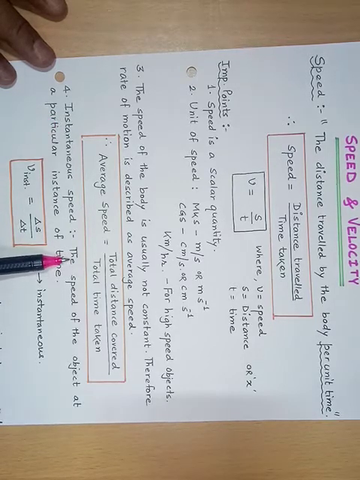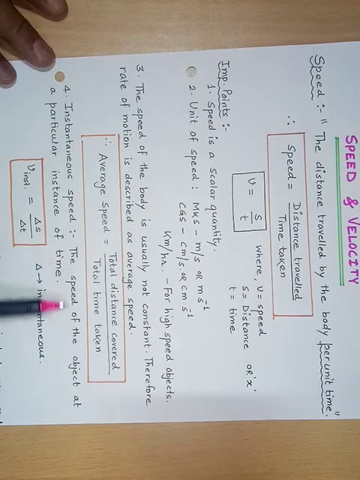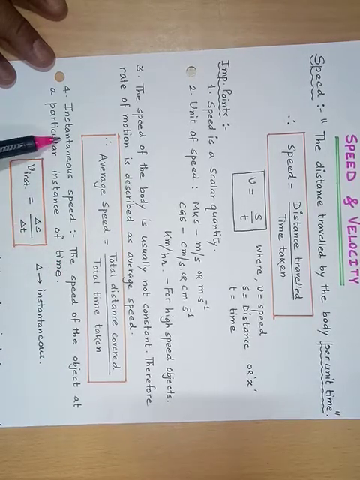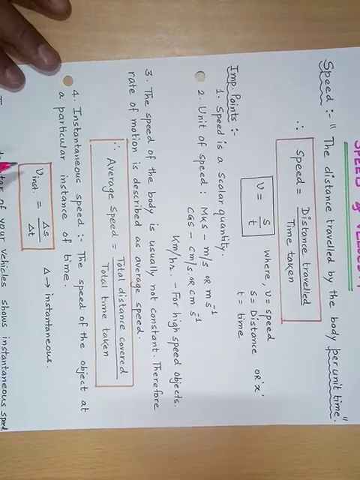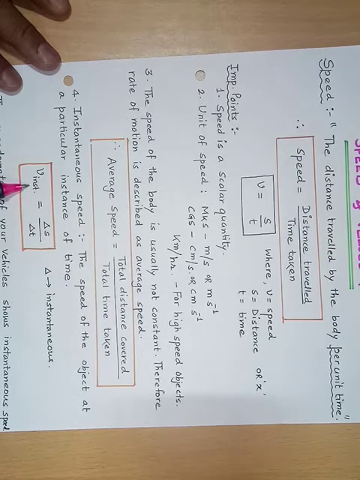So when we consider the speed of an object at a particular instant of time, that concept of the speed is called instantaneous speed. The speed of the object at a particular instant of time is called an instantaneous speed. Instantaneous speed is also represented with v, but one suffix, instantaneous, has been attached over here so that we can understand that this is an instantaneous speed.